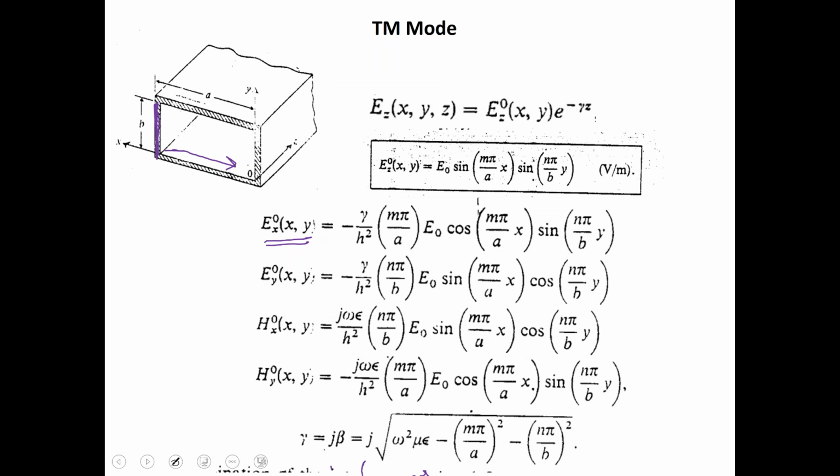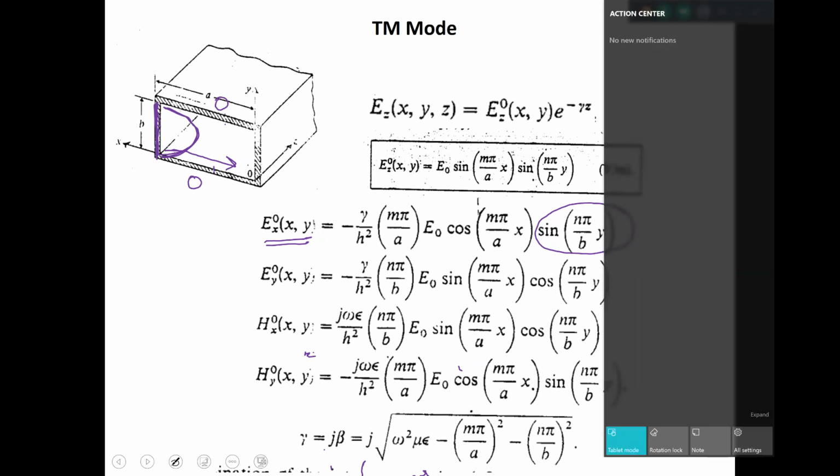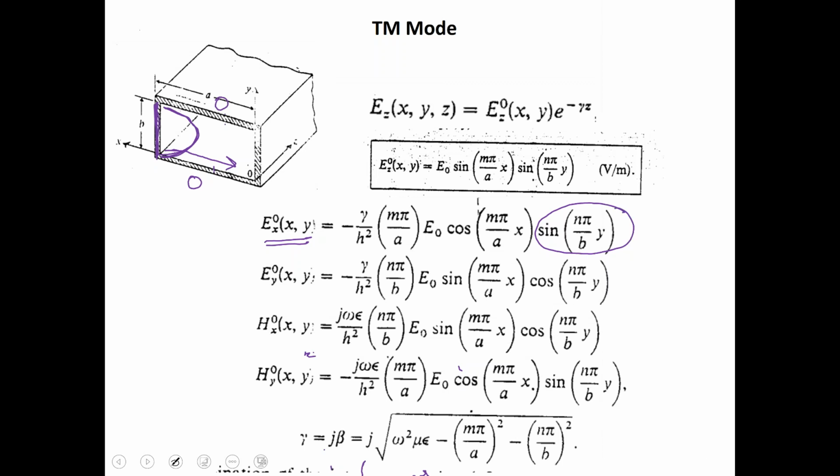So as soon as you see that, you know that this variation will have to be a sine variation in y direction. This variation has to be such that the electric field has to be 0 here and 0 on the top. So this has to turn around in amplitude at least like that. So it is going to have a sine variation in y direction.